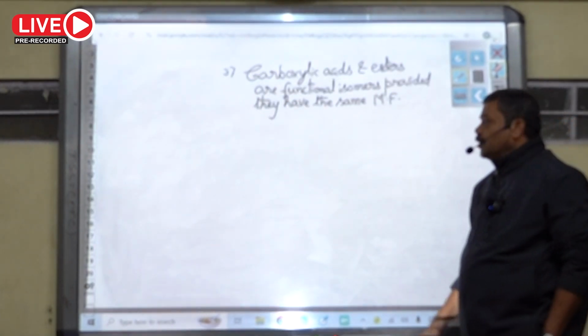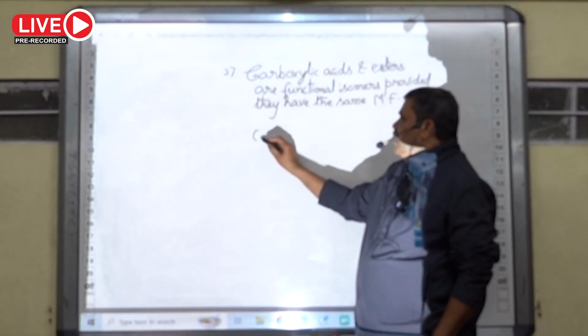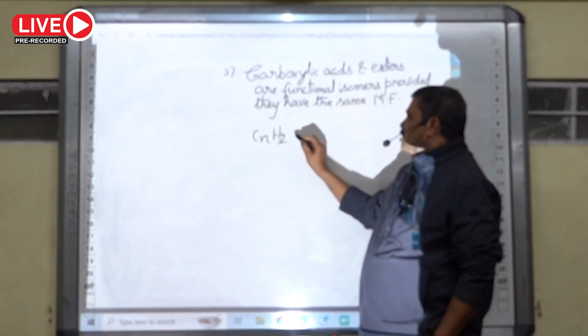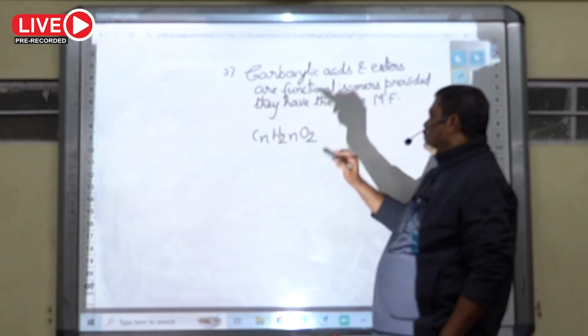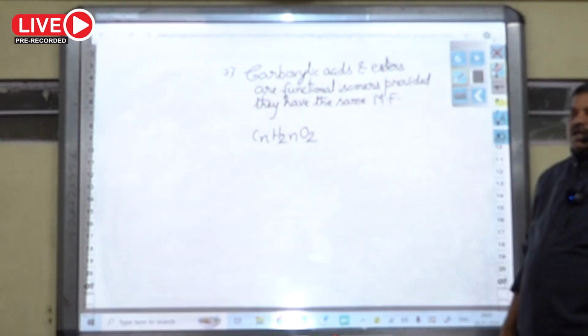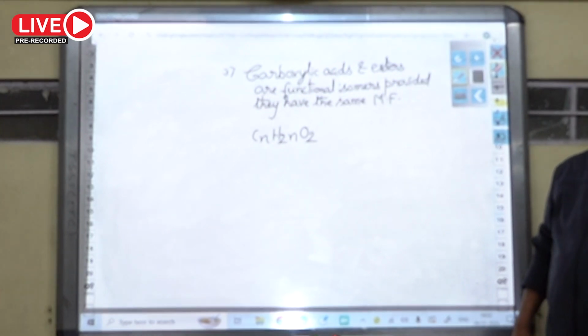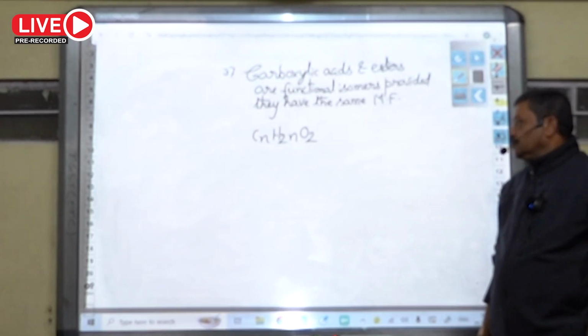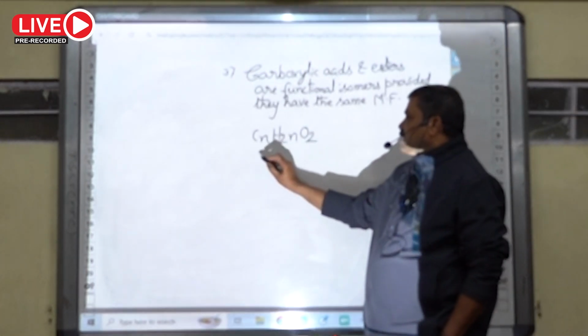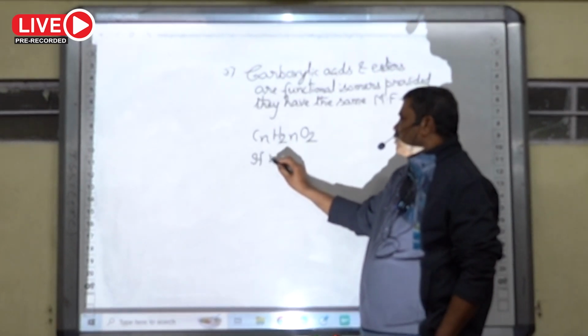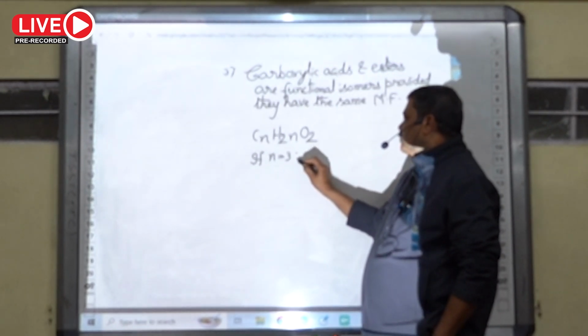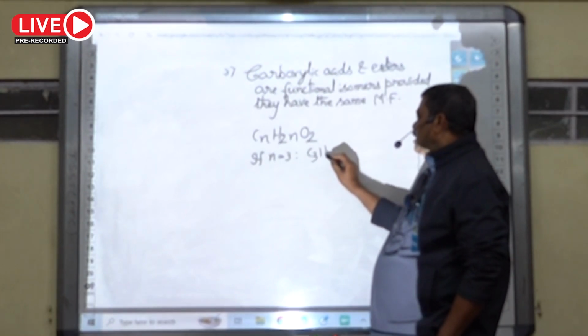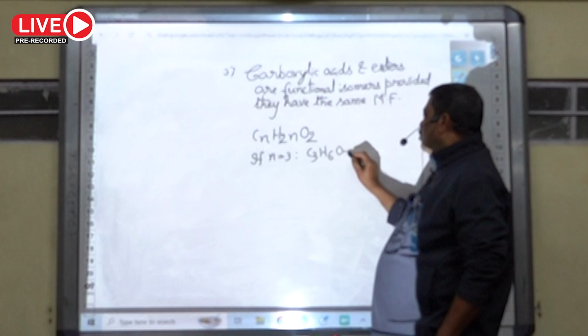For example, CnH2nO2. Actually, this is the general formula for both carboxylic acids and esters. CnH2nO2. If n is equal to 2 or n is equal to 3, C3H6O2.